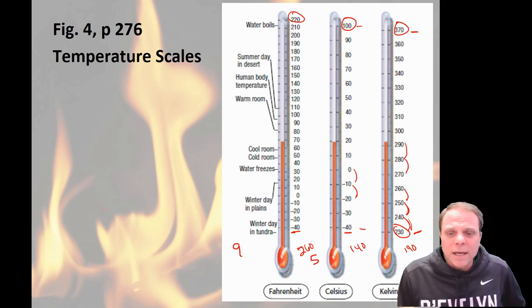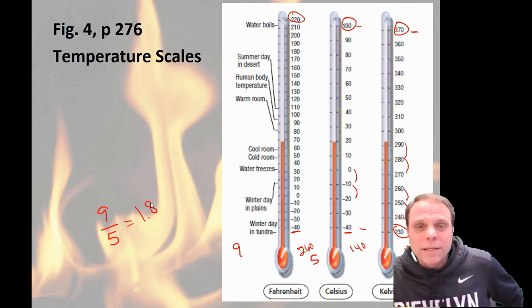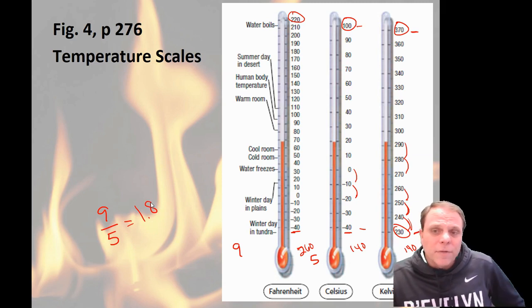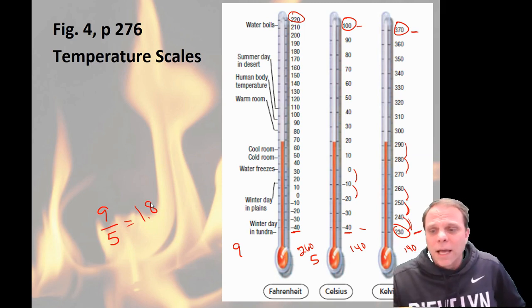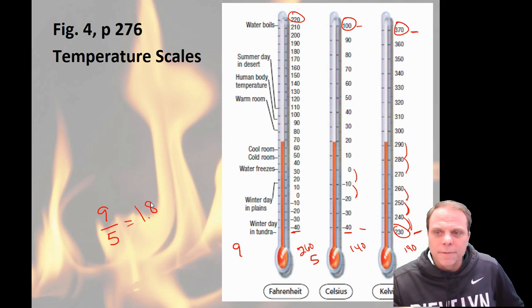Okay, and you're going to see this little number, 9/5, which is equal to 1.8, show up in our equation in a little bit. And so there are 9 degrees Fahrenheit for every 5 degrees Celsius, and that's one of the ways that we're going to remember how we are going to convert between these different scales.